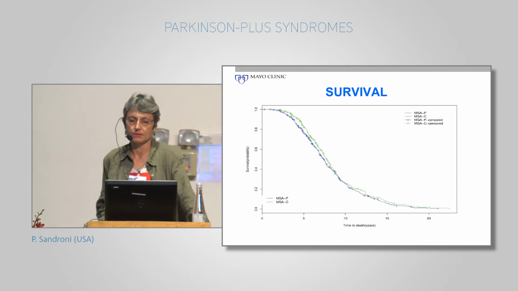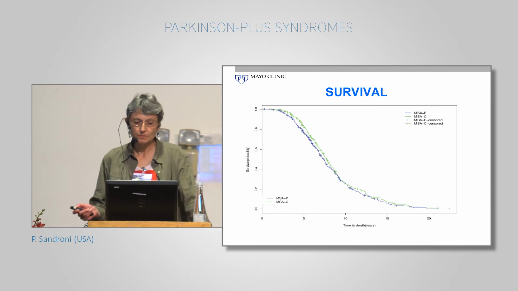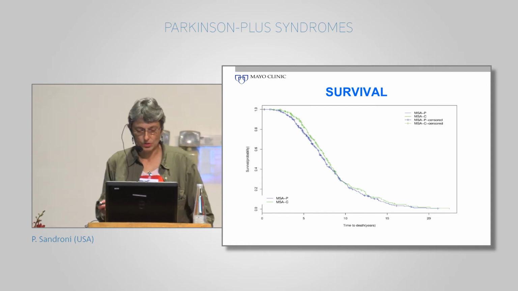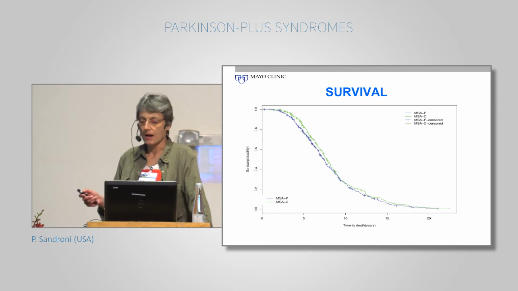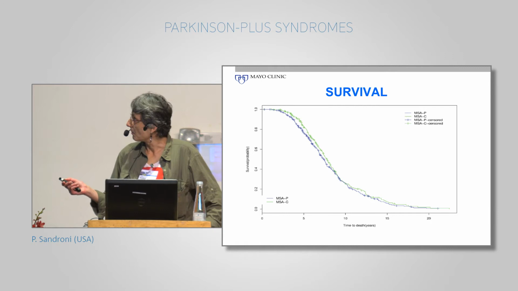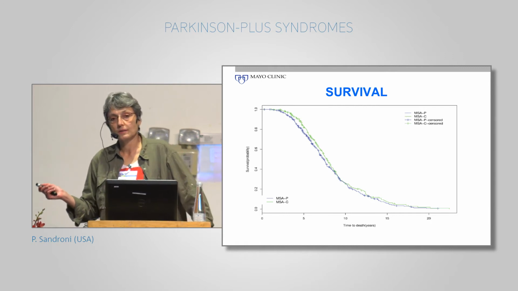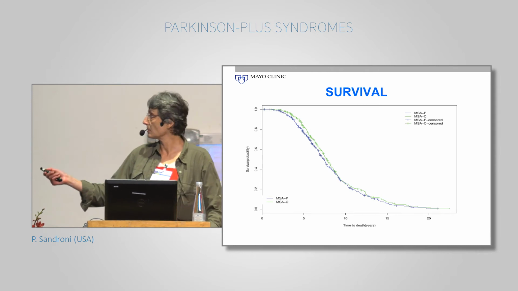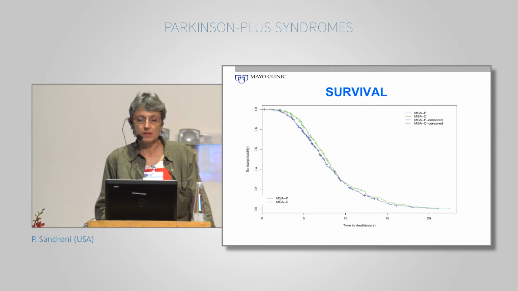How is the survival for multiple system atrophy? Well, Dr. Kuhn, I think a couple of years ago, I don't remember exactly the date, looked at patients with the Parkinsonian variant or the cerebellar variant to see if there was any difference. There isn't. The curve is the same.